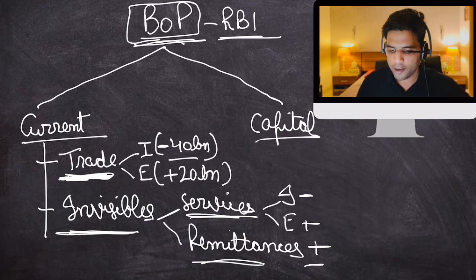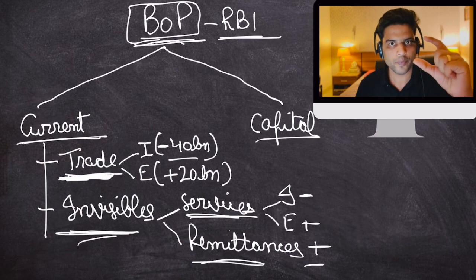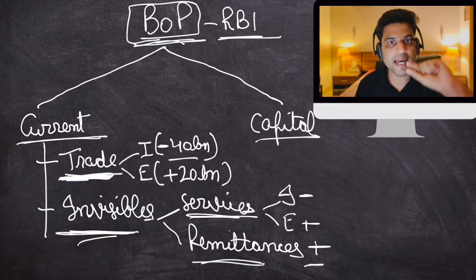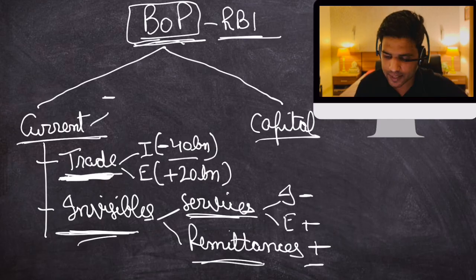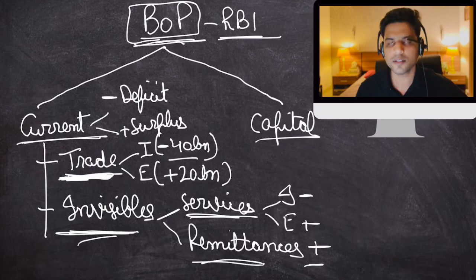Clear? Now, in the entire current account, trade plus invisibles, if the minus sign is heavy, that means in net terms money is getting out of India. So if the minus sign is heavy, we say India is running a current account deficit. And if the plus sign is heavy, we say India is running a current account surplus. Generally, India runs a current account deficit only.